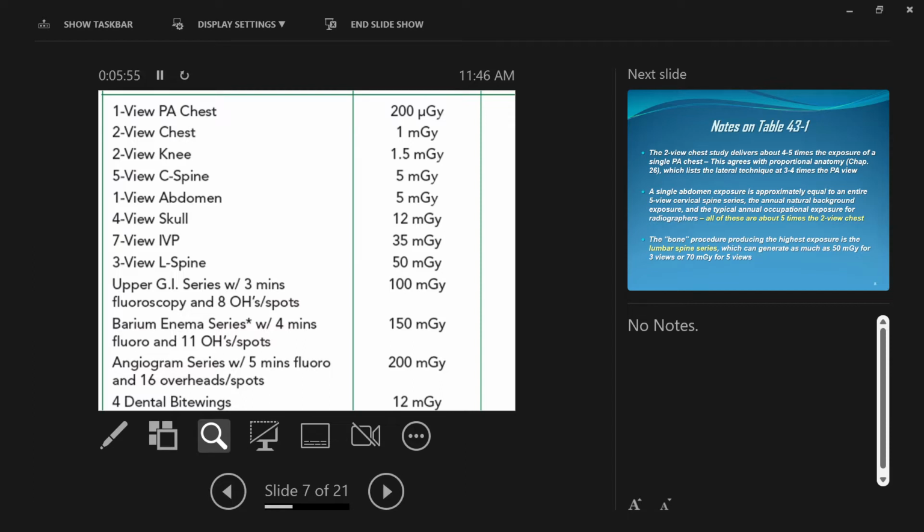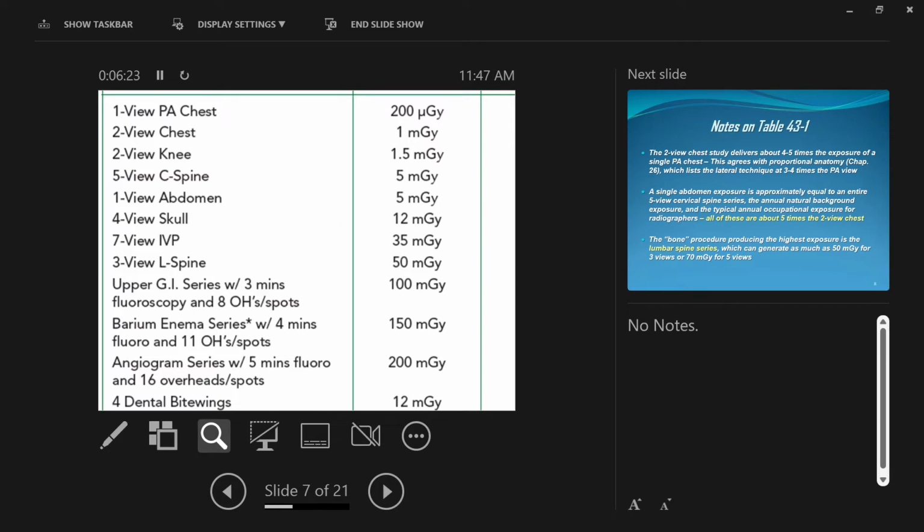So 1 milligray is a 1,000th of a gray. Then there's a prefix of micro with this little Greek symbol. Micro means 1/1,000,000th. So this is 200 parts in a million of a gray. Okay, 200 millionths of 1 gray, microgray. So that's the exposure level for a 1-view PA chest.